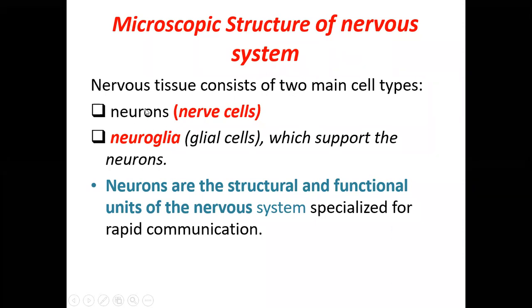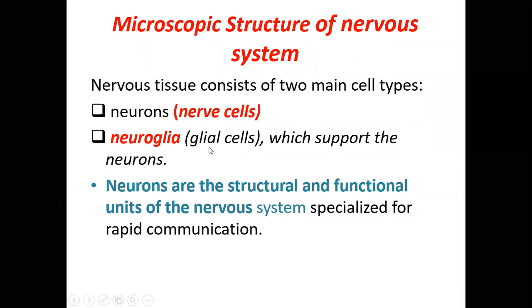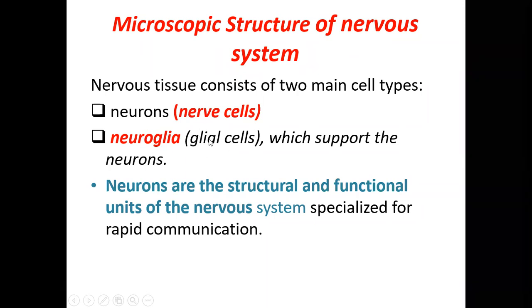One is the neurons, which carry messages from one part of the body to another, and these are called nerve cells. And there are cells called neuroglia, also called glial cells. The majority of them are one type of neuroglial cells, which help in the support of the neuron. So they are supportive cells.